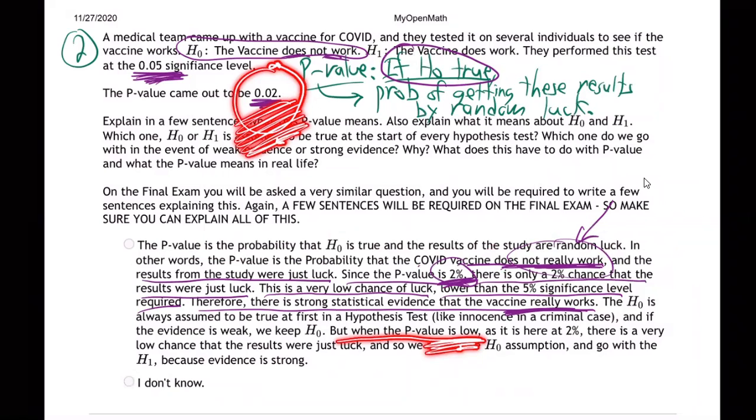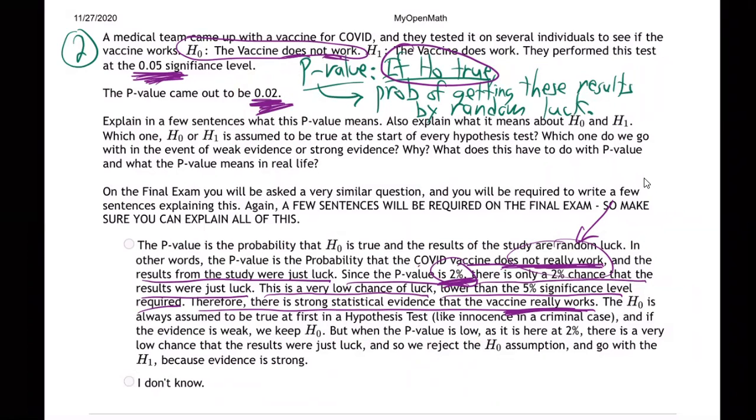But if it's higher, like if you just have somebody from a distance who thought they saw somebody like that, and you don't have any biological evidence, blood evidence or anything else, then you might think, I don't know, that could have just been luck that somebody was there that kind of looked like the guy. I'm not going to put him away in prison for years and years based on that kind of evidence.